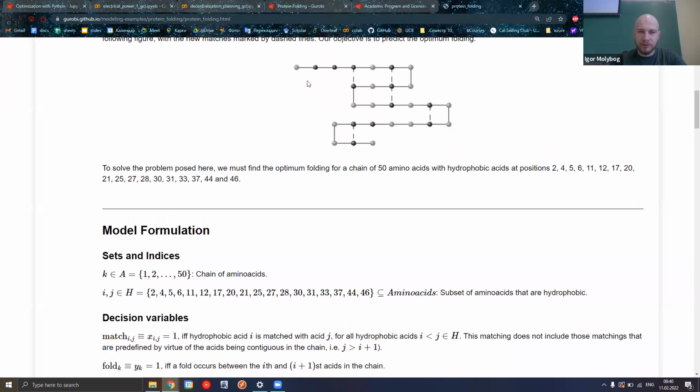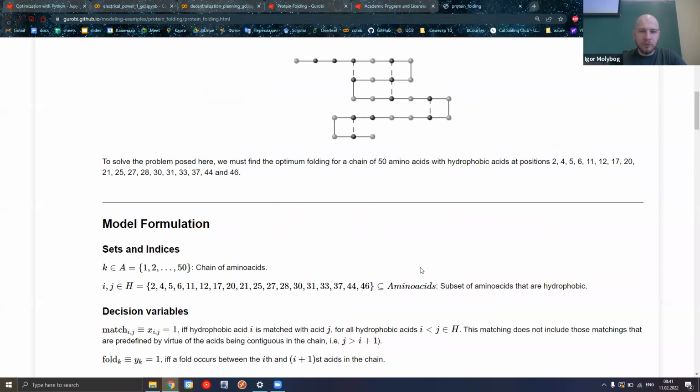In this example, we have our fourth hydrophobic acid being matched with 5, 6, 7, 8, 9, 10, 11. So our fourth is being matched with the 11th. Therefore, our x for 4 and 11 should be equal to 1. Otherwise, it should be equal to 0. This match is being defined only for hydrophobic acids, as we don't care about the hydrophilic ones. So they can be matched, they can be not matched, it doesn't matter.